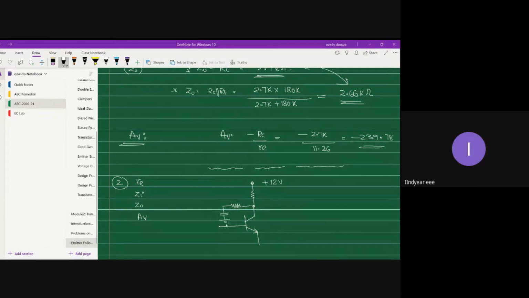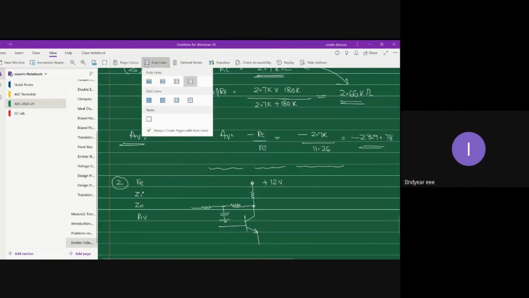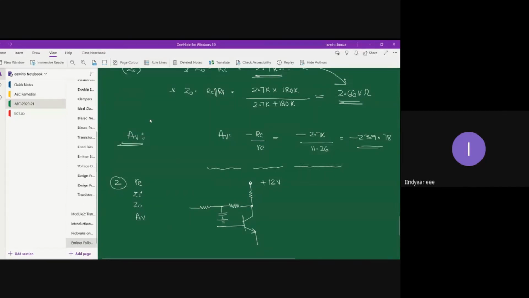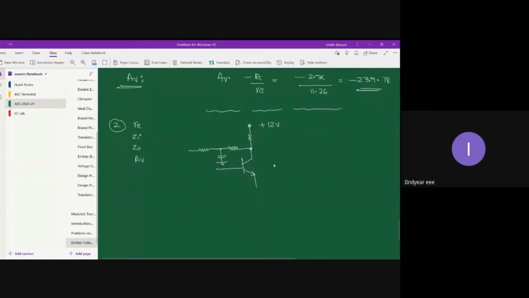So there's a capacitor and there's a ground terminal. I will disable these lines so that you'll be able to observe the circuit more clearly.